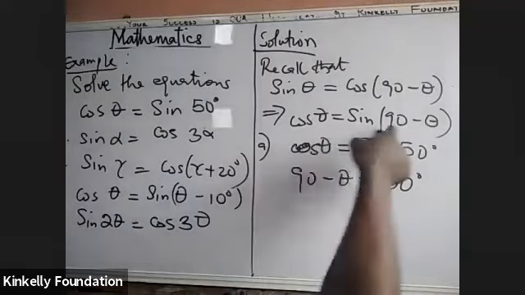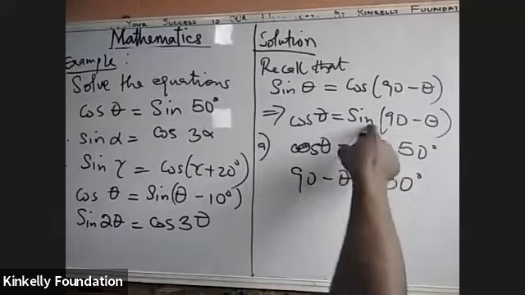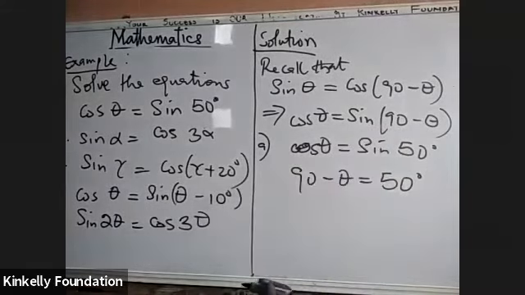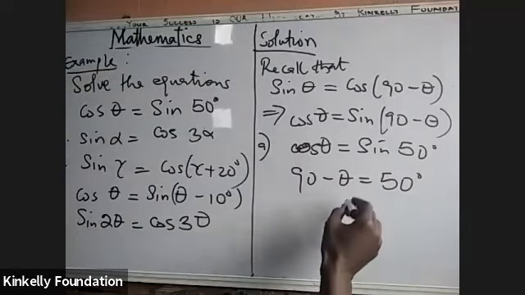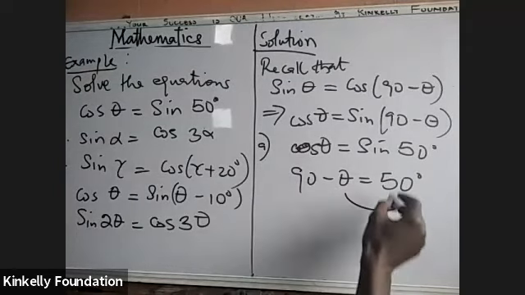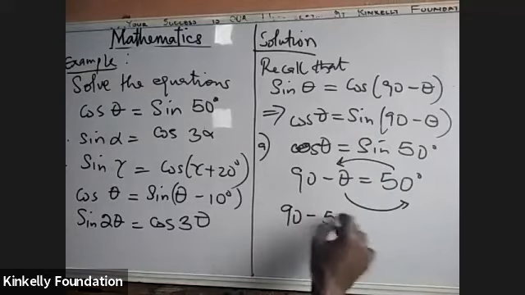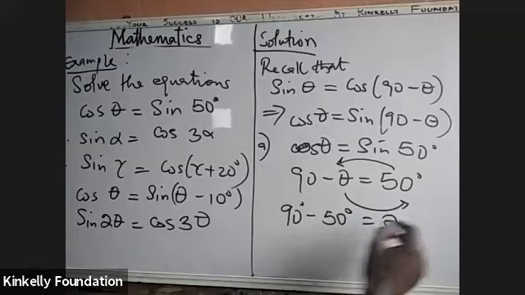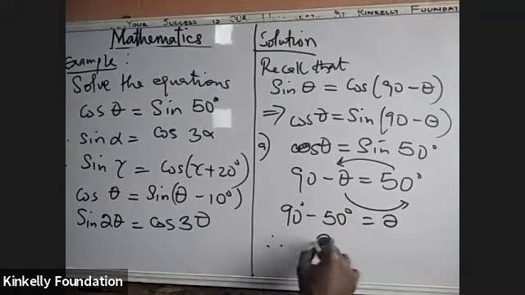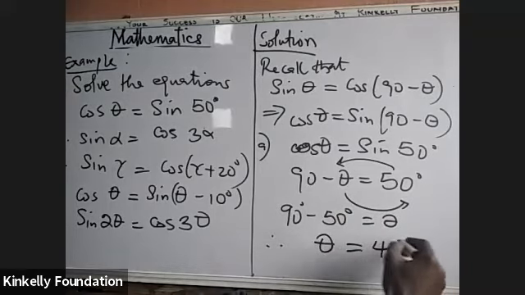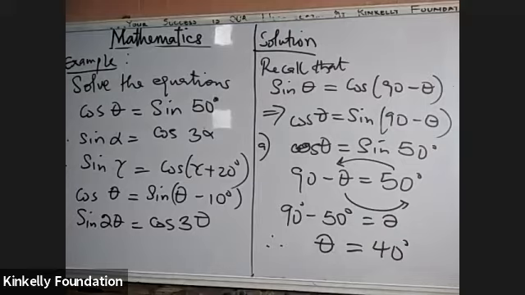If this is equal to this and this is equal to this, which means these two are the same, you are going to equate them. This goes to this side and this one comes to this side: 90 minus 50 degrees is equal to theta. Therefore, theta is 40 degrees.